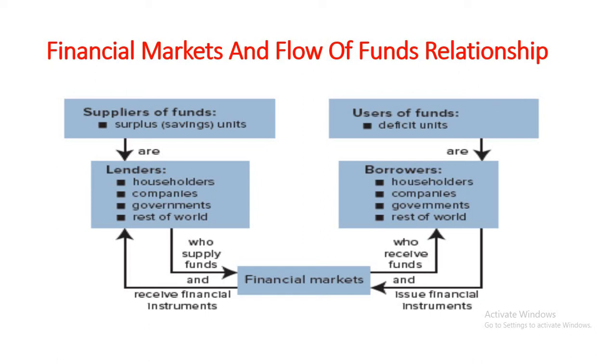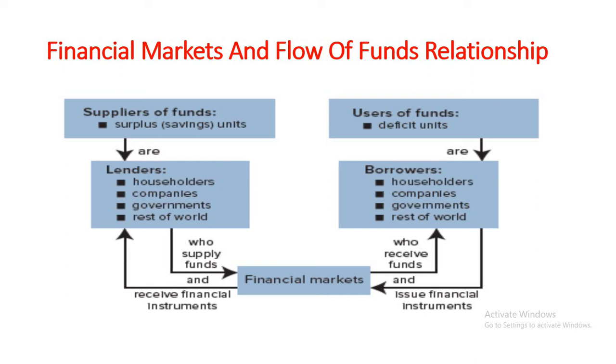The surplus unit, that is the savers, supply fund to the financial market. In other sense, the surplus unit or the investors and savers invest their fund in the financial market. Then from the financial market, the deficit unit or borrowers receive the fund.